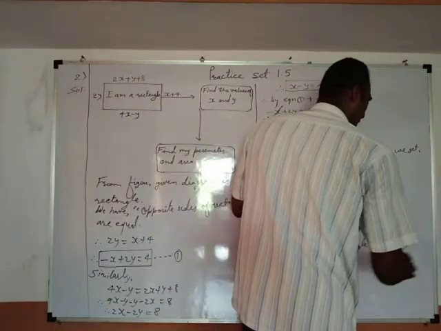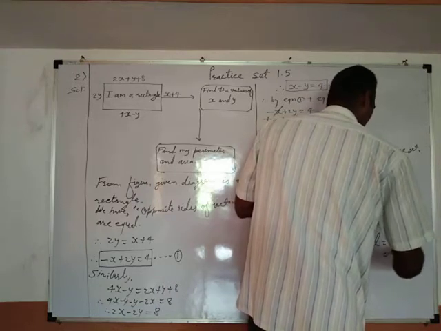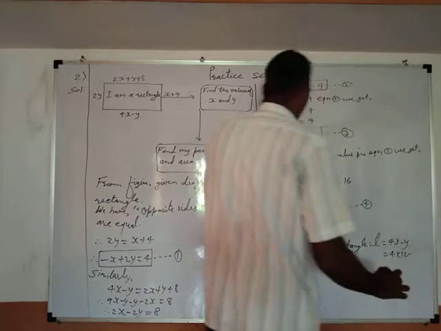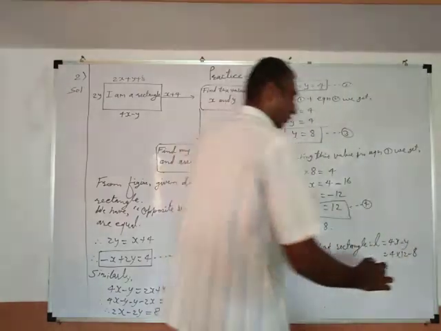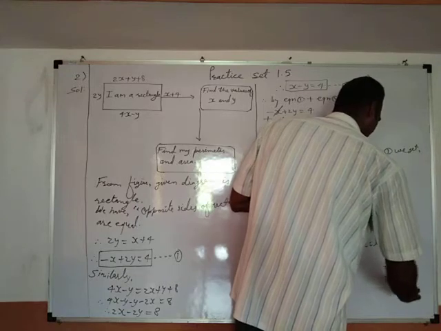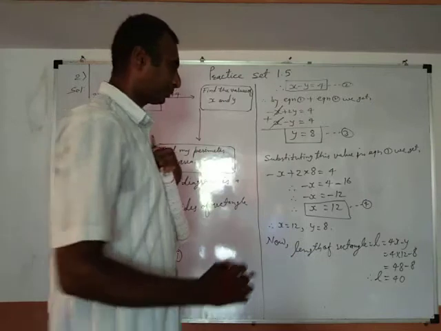Let's put values. 4 into 12 minus the value of y, which is 8. 12 fours are 48. Minus 8 gives us 40, and therefore L equals 40.